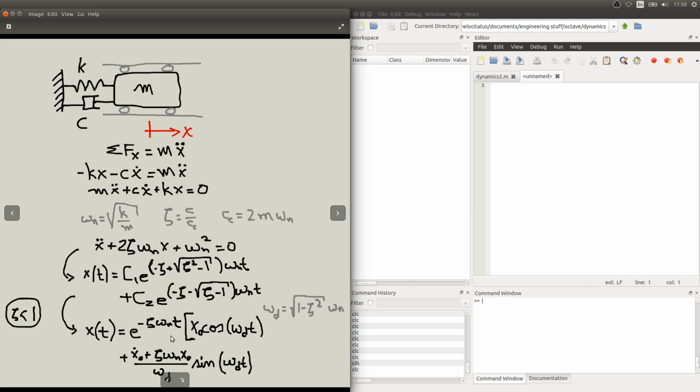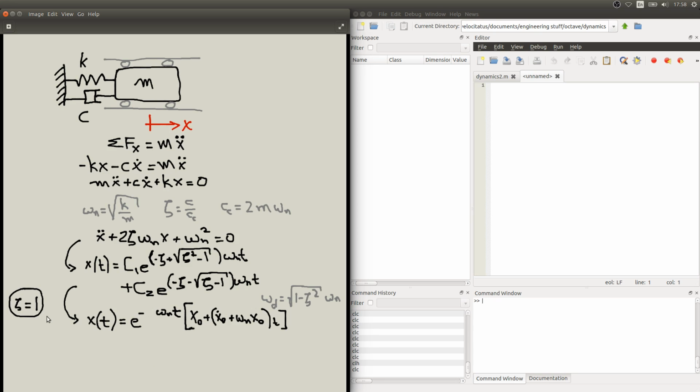So we have the initial conditions for displacement x0 and for velocity x0 dot, and we have our terms omega n and zeta in here, and we have a new term which is our damped natural frequency, which is given by this expression here, which also depends on zeta and the natural frequency. So you see that it is a correction on the undamped natural frequency omega n, and that will be the frequency of the response of our system, as we see here in the cosine and sine terms.